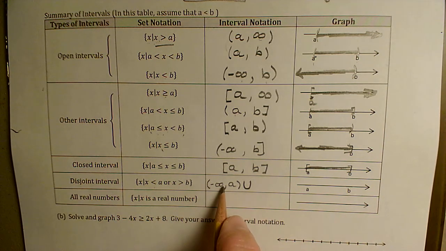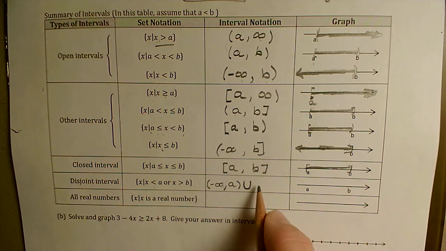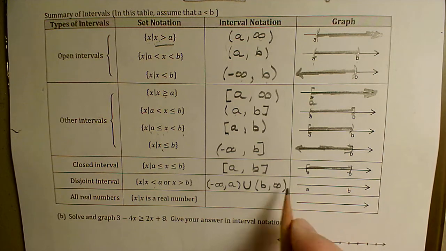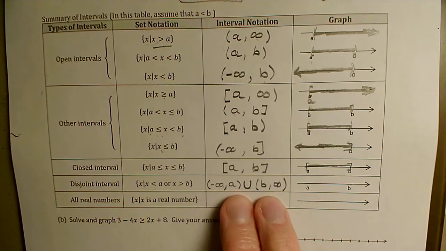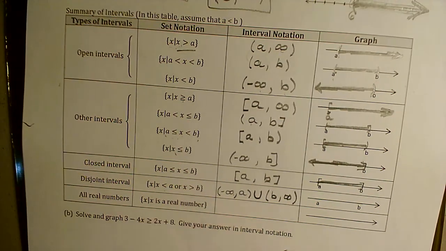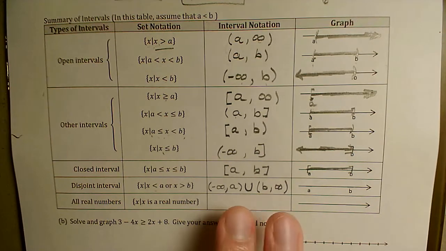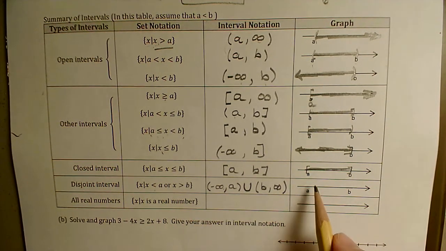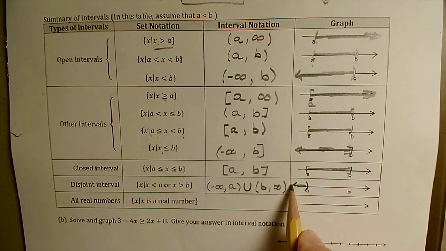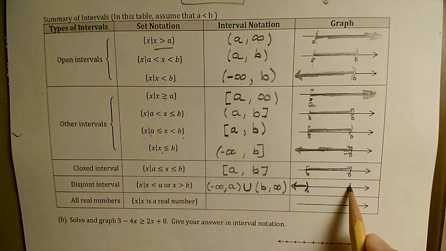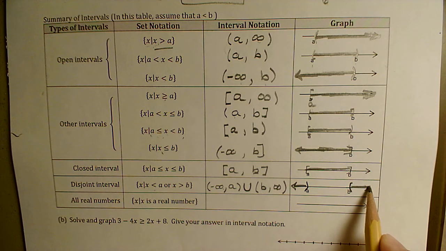And then this one's going to be anything greater than b. So parenthesis b, comma, infinity. Both the a and the b here don't have an equal to include them, so they both get parentheses. So here we'll have a parenthesis shading to the left, and then at b a parenthesis and shading to the right.